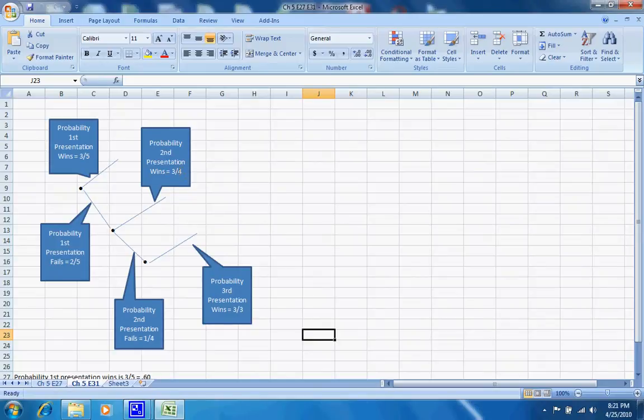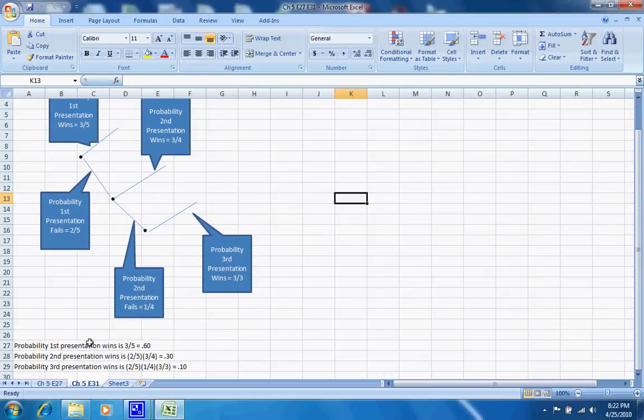So the probability of a win is 3/4. And so for the second presentation, the overall probability is going to be, we follow this decision tree diagram, right? We take the 2/5 times the 3/4, and that works out to 30%.